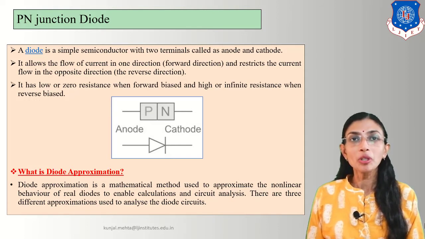And if we want particular practical results, then we consider the PN junction diode as a practical diode. It can be silicon or germanium.